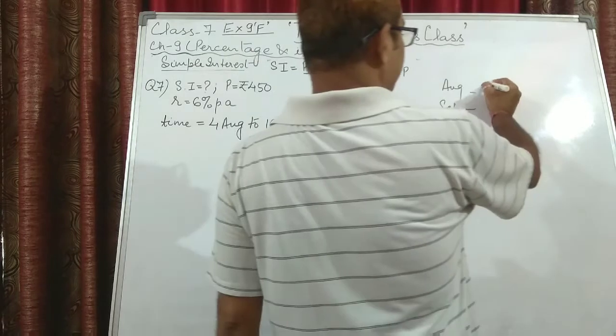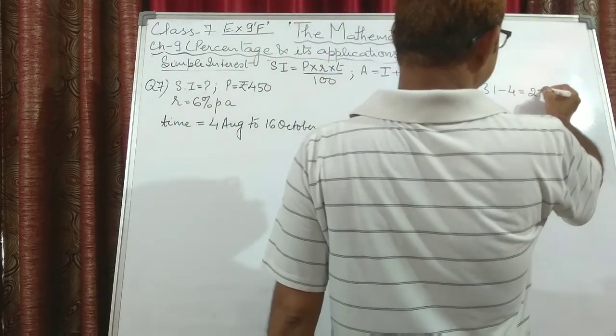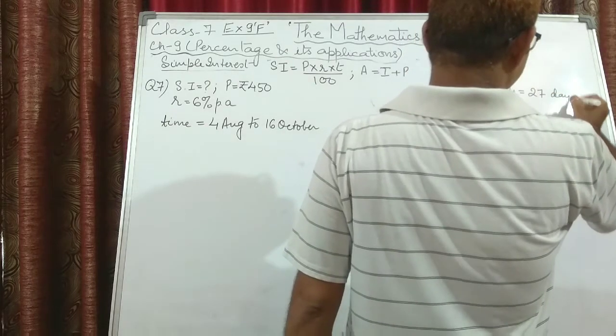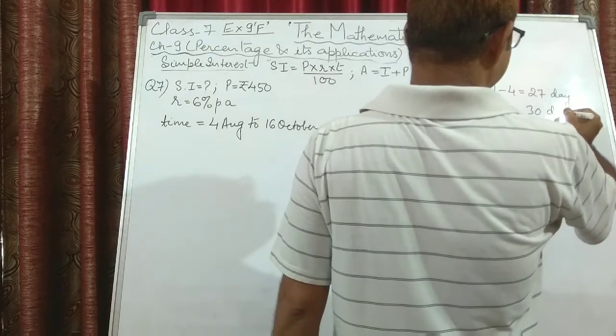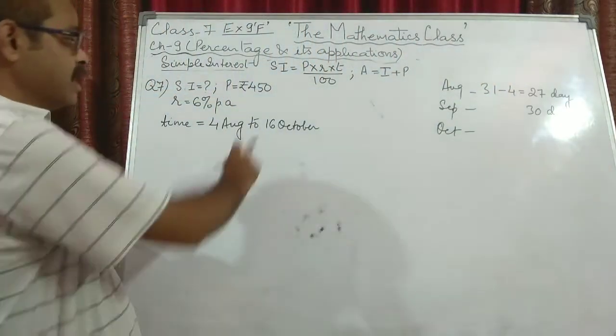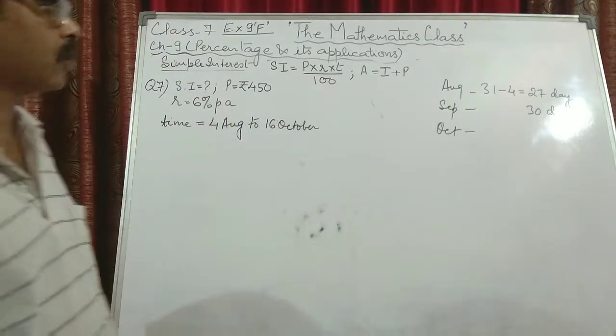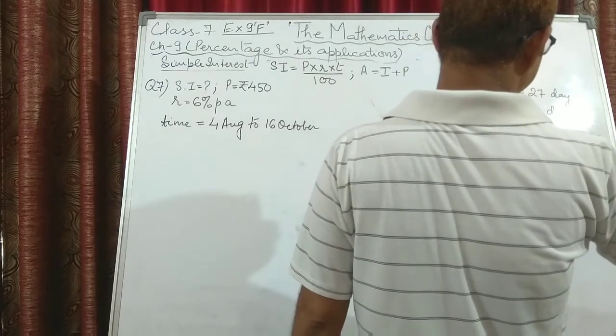So 31 minus 4 is 27 days in August. Then September has 30 days. So completely the money was there for 30 days. And 16 days in October because he deposited till 16 days.